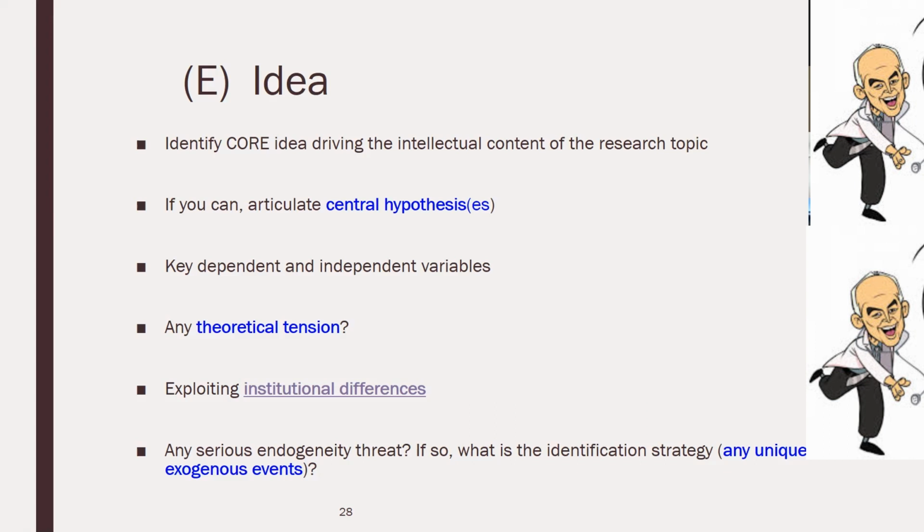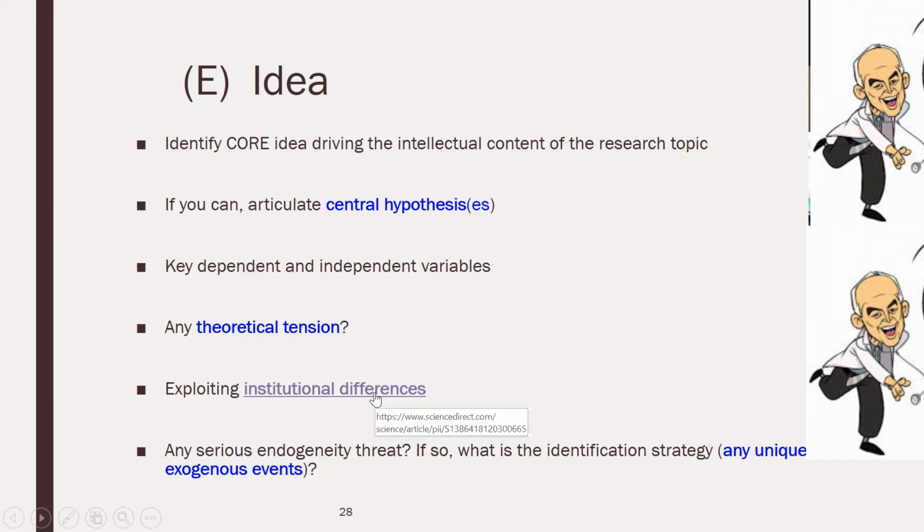We don't know, or you may use conflicting theories but bring some argument into it, and say that based on your argument and based on conflicting theories, you believe that the relationship should be positive, or you believe that the relationship should be negative. So in the idea part, we are looking for the hypothesis that can be tested.